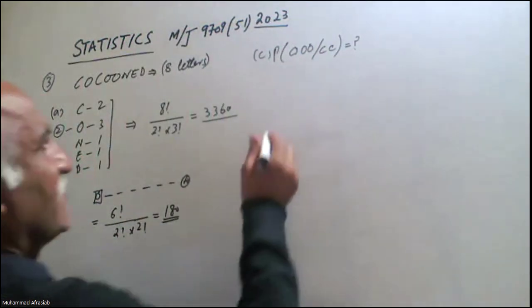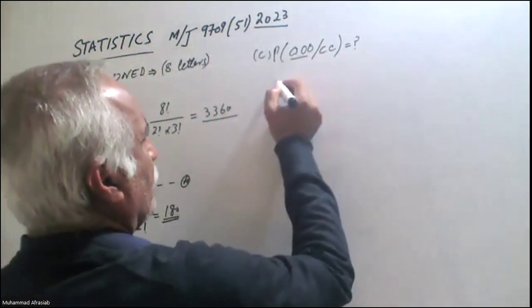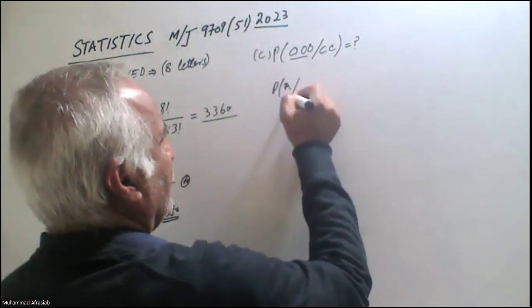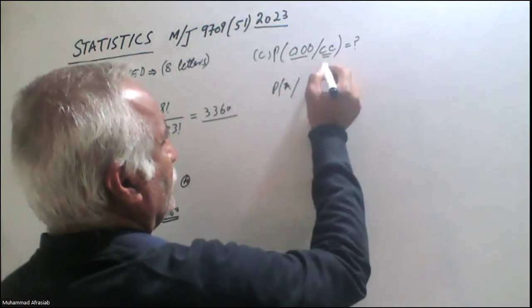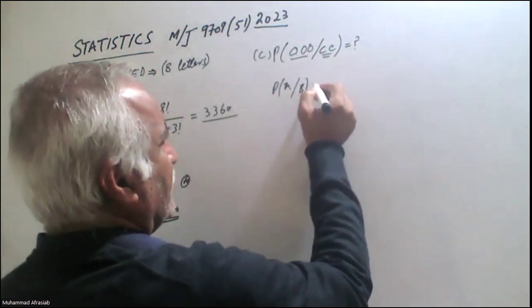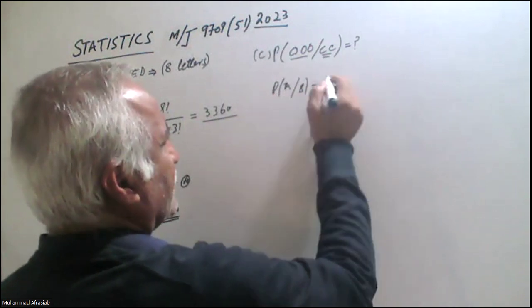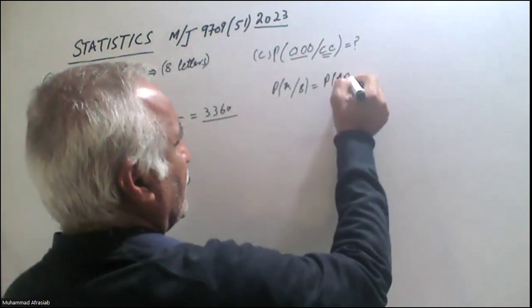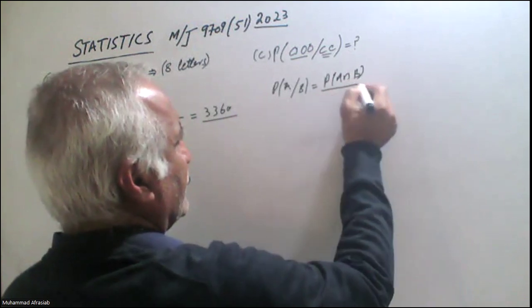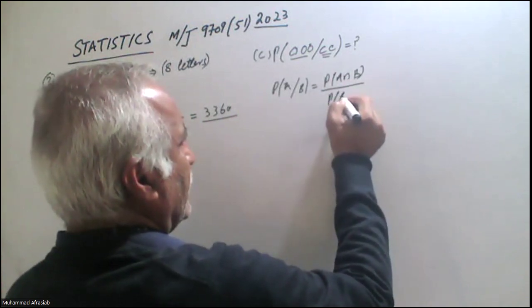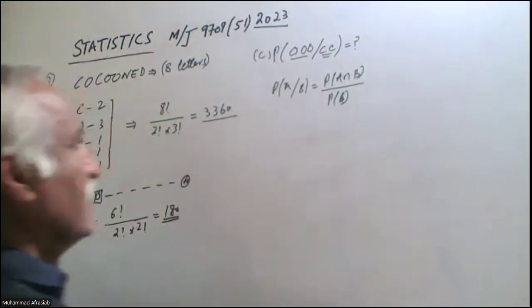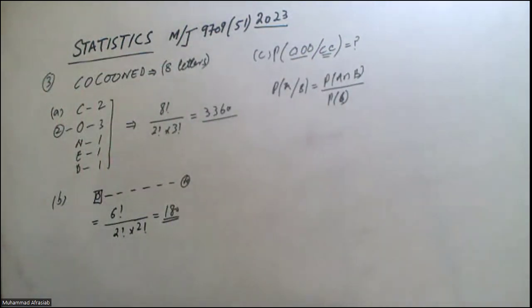Let's say these 3 O's are going to be represented by A, and these two C's are going to be represented by B. And we know that probability of A given B is probability of A intersection B over probability of B. But in this question, three O's are all together.